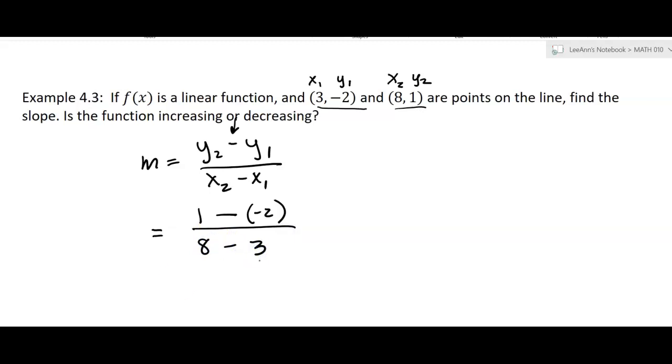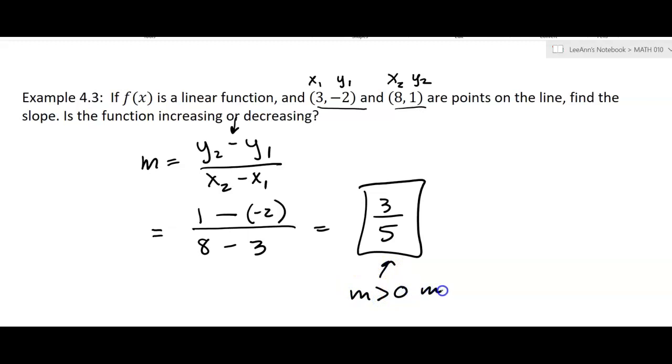Okay, then we do a little bit of math and we get 3 over 5. So that is the slope, 3 over 5. And it asked us to find the slope. Is it increasing? Yes, because it is positive. So remember, if the slope is greater than 0, that's increasing. So this is an increasing linear function.